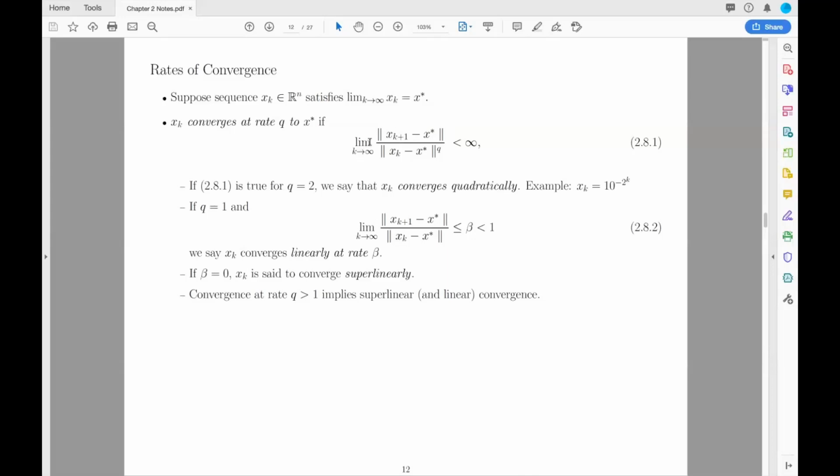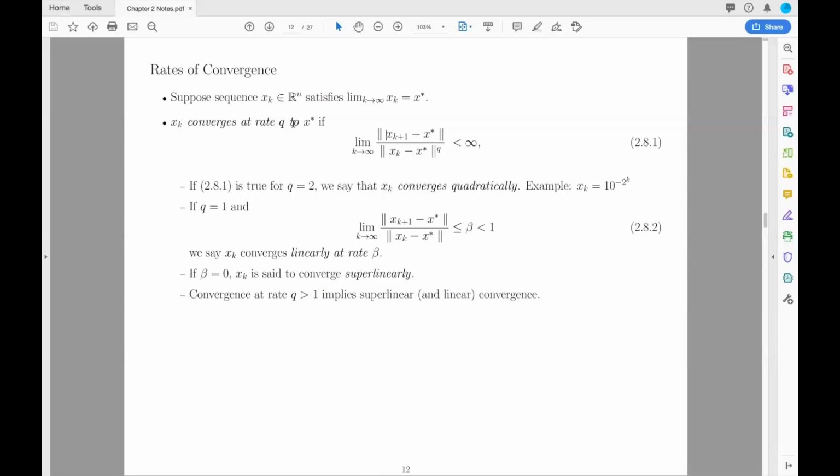I'm not going to get into lim sup versus lim inf, so I'm assuming there's a limit. If we relate the current error to the previous step's error, and this ratio with the q power in the denominator is less than infinity, then it converges at the rate q.